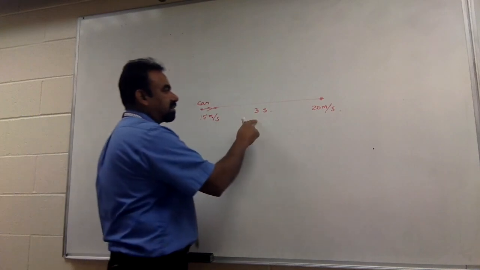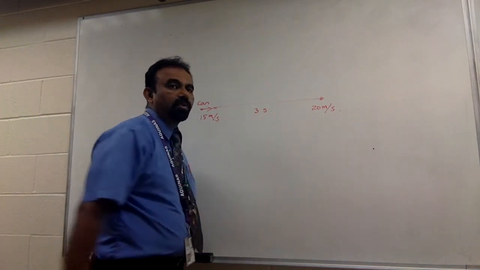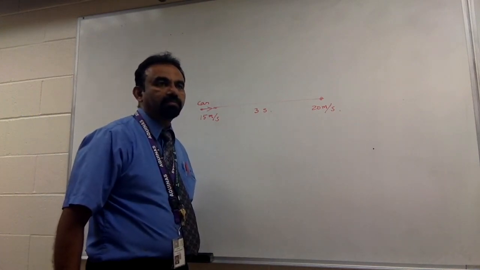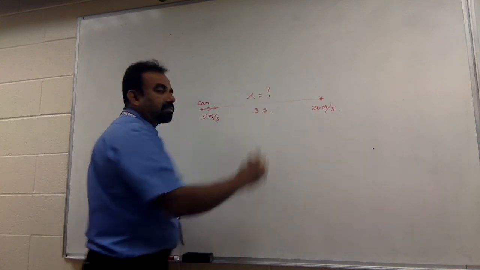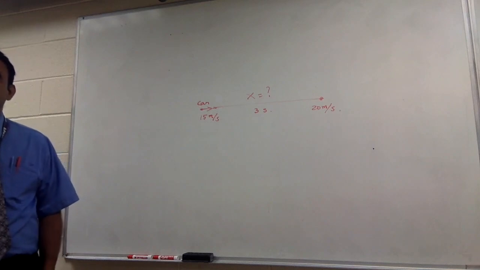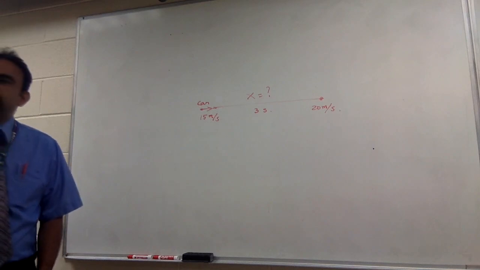He steps on the gas and in 3 seconds he reaches 20 meters per second. How far did he travel in that acceleration period? So what do you do with this problem?